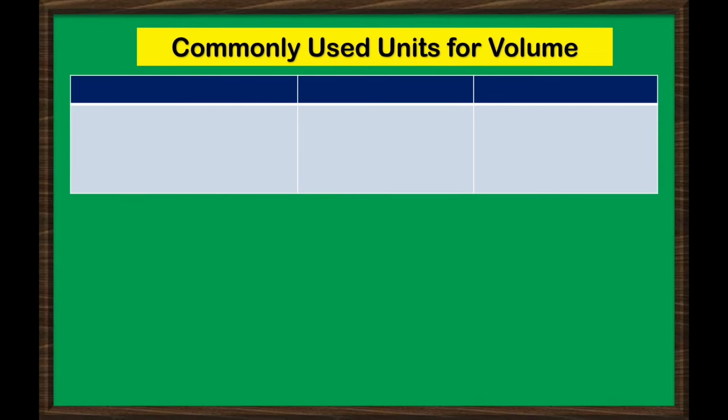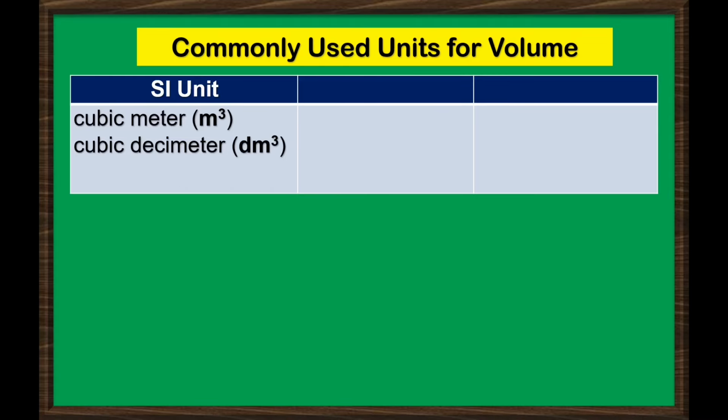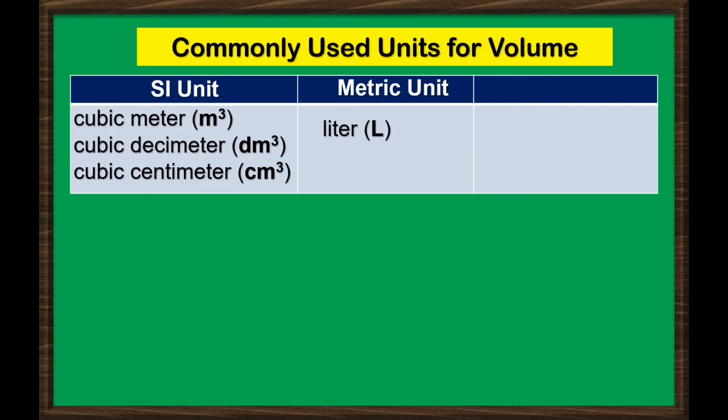For the SI unit, we have cubic meter, cubic decimeter, and cubic centimeter. For metric unit, we have liter and milliliter. For the English unit, we have quart and gallon.